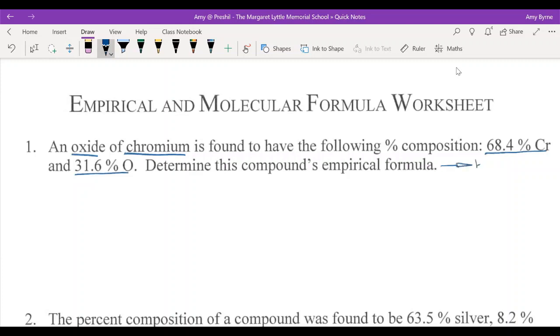Please note those are by mass. So hopefully, if your brain is in the game, you should be thinking that those are masses. At some point, I'm going to need to convert to moles.